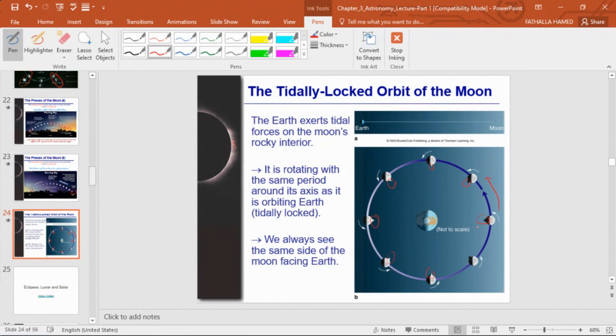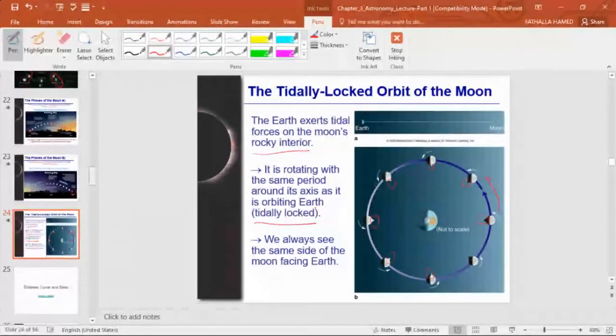So as we say here, the Earth exerts tidal forces on the moon's rocky interior. It is rotating with the same period around its axis as it is orbiting the Earth, and we said this is tidally locked. You know about the tides? Well, in Newton's third law, to every action there is an equal and opposite reaction.